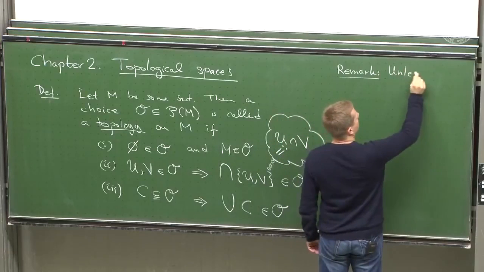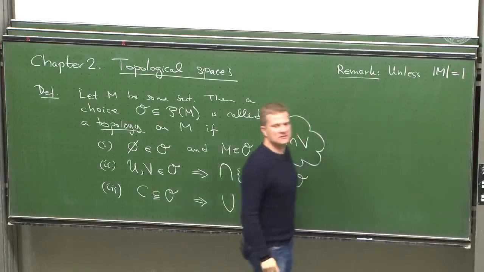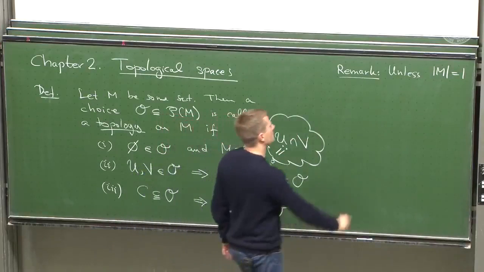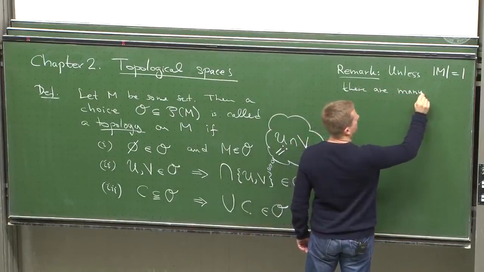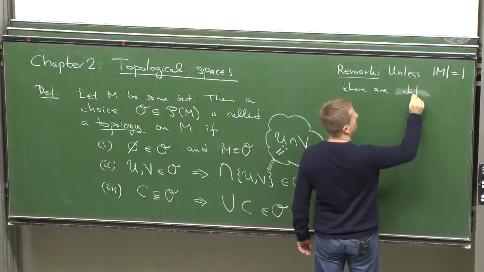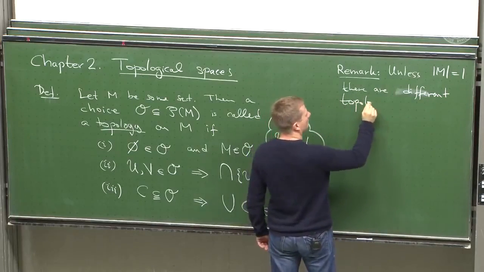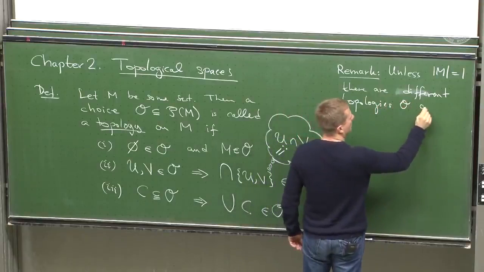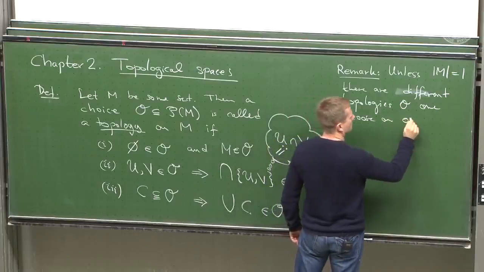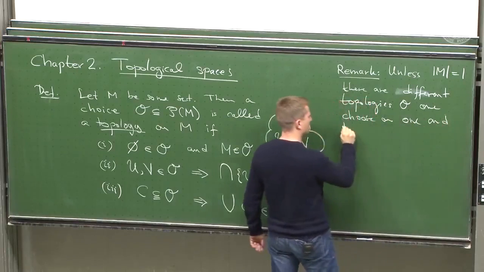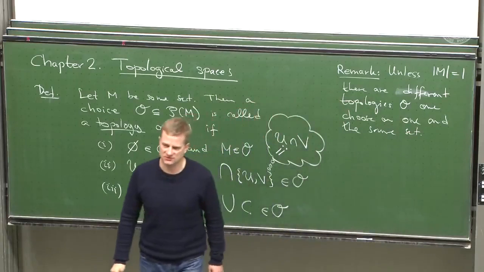Unless the set M only contains one element, there are usually many different topologies O one can choose on one and the same set. So it's a real choice.